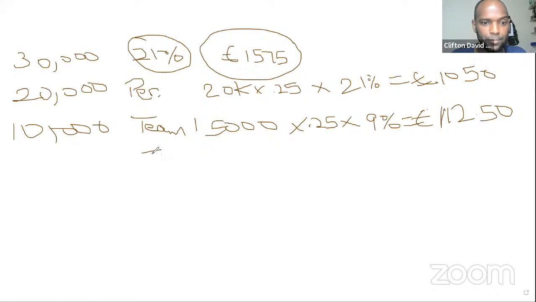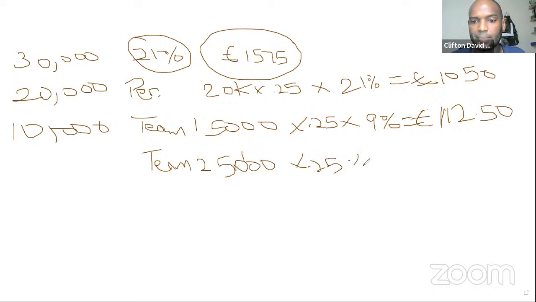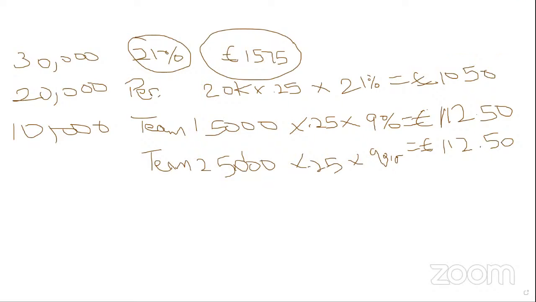Team 2 did the same thing. 5,000 points, stay with me, times 0.25 times 9% is duplicated here. Stay with me, guys. 112.5 euros. You all are with me so far? Yes. Good, good.